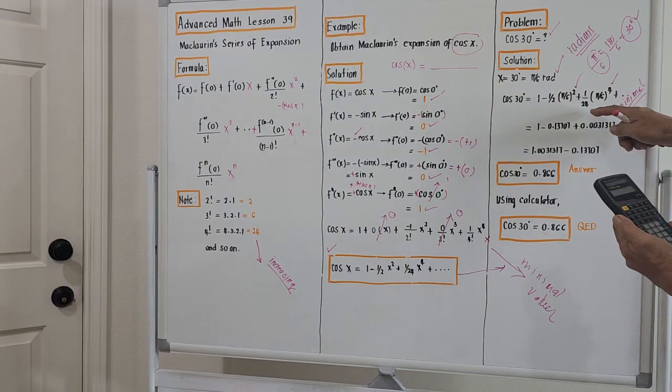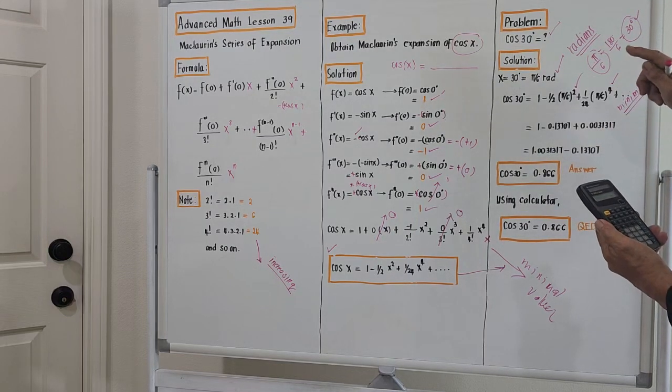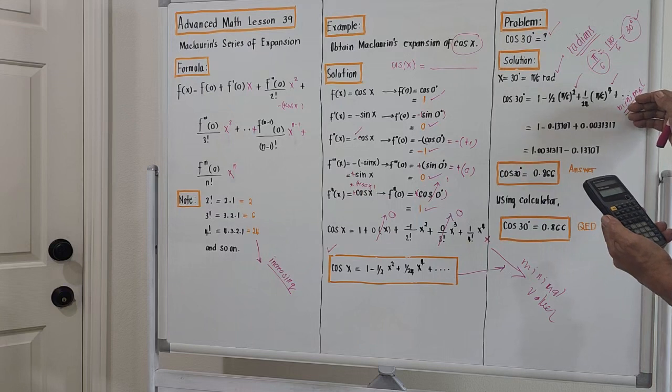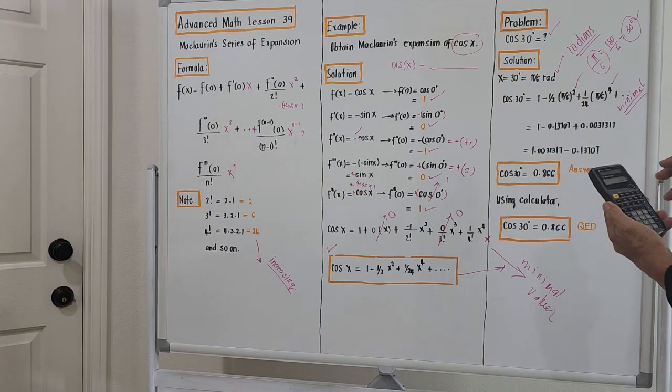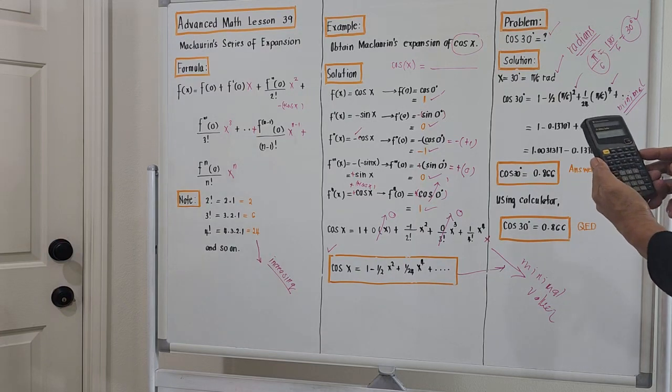So we divide it by 24. Actually this portion is really minimal already, but it still has an effect on the solution. Maybe the next parts will be even more minimal. Equals, the value is 0.003131722.